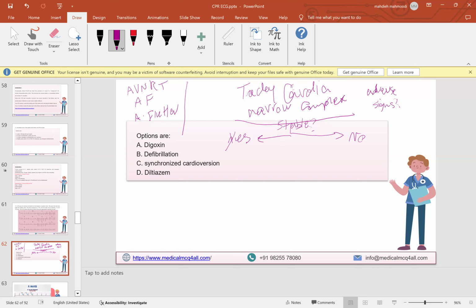One, consciousness and blood pressure: is the patient in shock or not? Two, does the patient have syncope or not? Three, does the patient have chest pain or ischemia on ECG? Anything else?